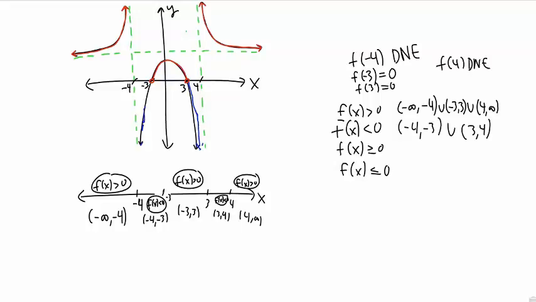So for f of x greater than or equal to 0, we do negative infinity to negative 4. Negative 4 stays open. It's not in the domain. We do include negative 3 and 3. And we still exclude positive 4.